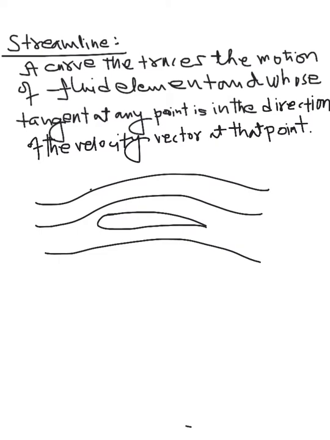However, for my streamline, the tangent at a point is in the direction of the velocity vector. At each point, if I draw a tangent, it will be the velocity vector there. So if that is the case, then this line will be my streamline.